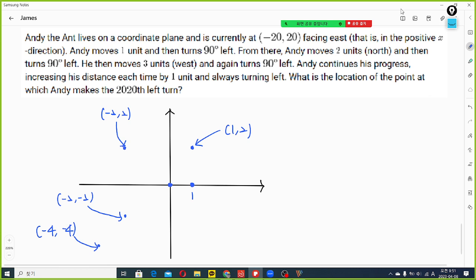This means we can divide this 20th movement by 2. And then if we make the negative sign, his coordinates will be minus 10, minus 10.